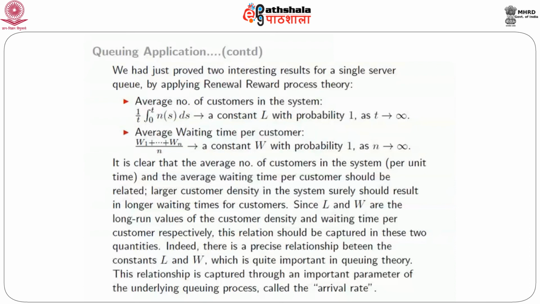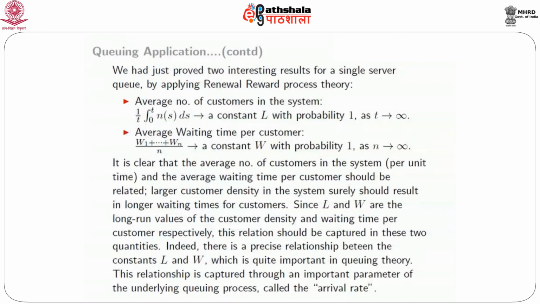And we have also shown the average waiting time per customer, (W1 + ... + Wn) over n, where Wi is the amount of time that the ith customer spends in the system, gives the average waiting time per customer. With probability 1, that also goes to a constant W as n goes to infinity.